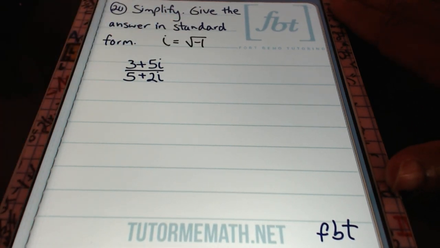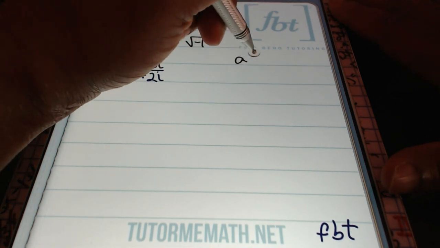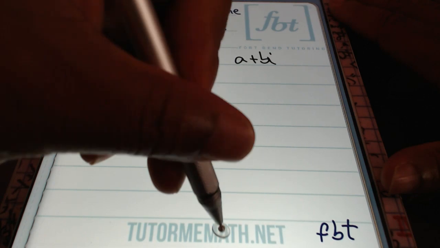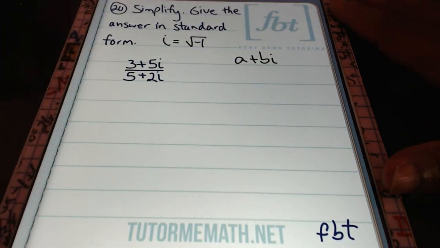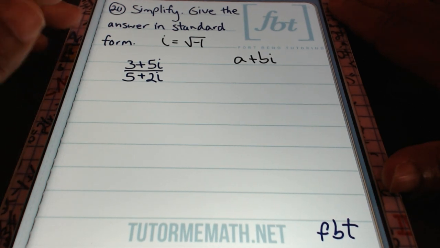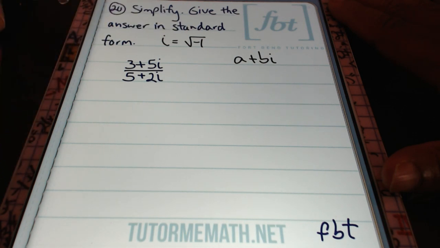When they're referring to standard form, they want us to write the real number before the imaginary number. So our standard form for a complex number is a plus bi, and the imaginary number itself is equivalent to the square root of negative 1.